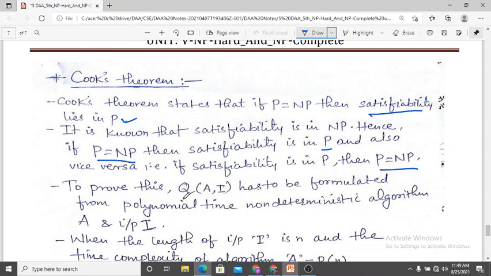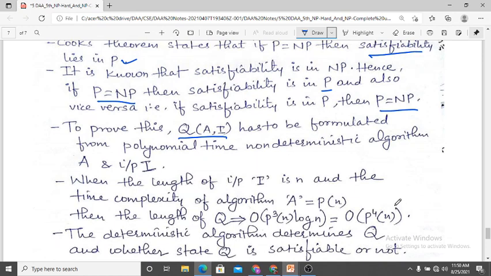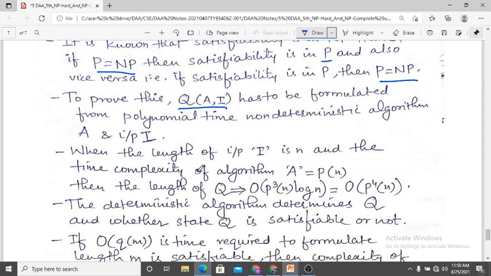To prove this, Q(A, I) has to be formulated from a polynomial time non-deterministic algorithm A and input I. What is A? A is an algorithm and I is an input.